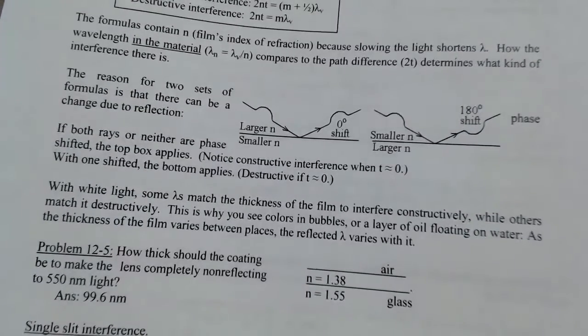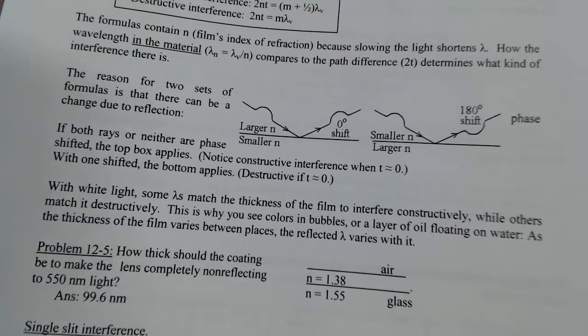If you're talking about a puddle in a parking lot, you don't have monochromatic light. You've got sunlight, which is a fairly even mixture of all the different colors in the visible part of the spectrum. And so at a given spot on the puddle, some colors will be strongly reflected, other colors will be strongly transmitted.